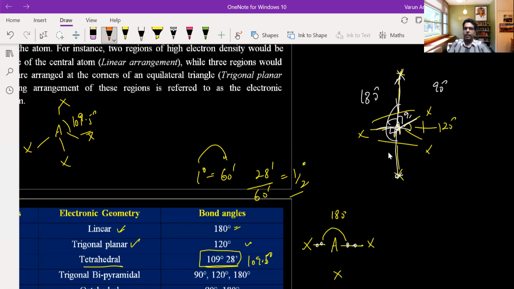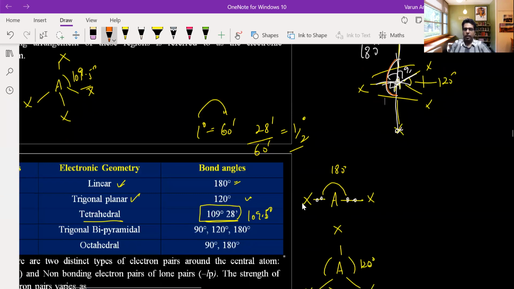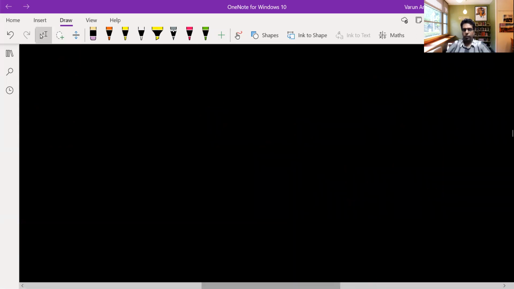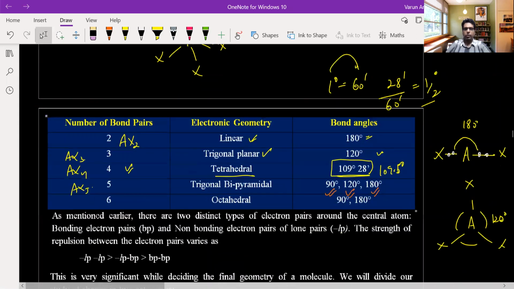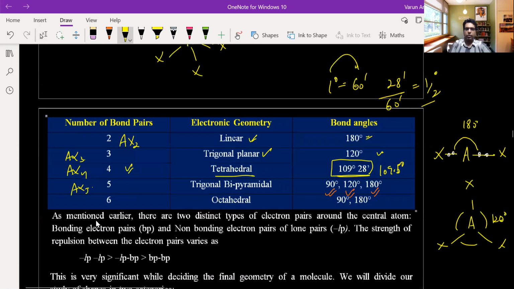So there are 3 angles of 120 degree, 6 angles of 90 degree and 1 angle of 180 degree. So this is AX5 type of molecule, that is trigonal bipyramidal, and bond angles will be 90, 120, and 180.